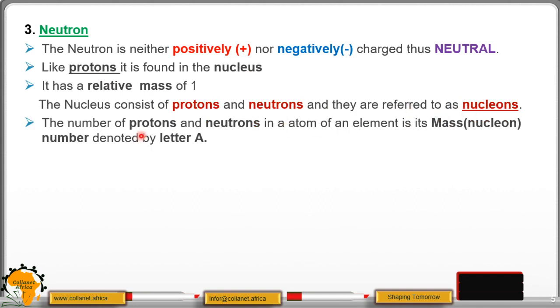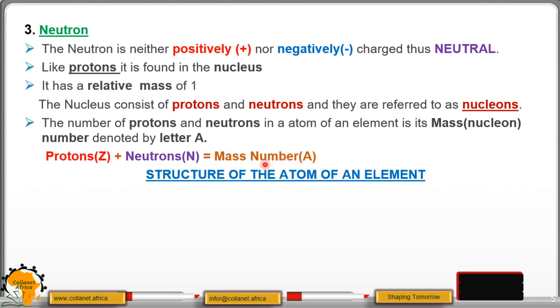The number of protons and neutrons in an atom of an element is referred to as the mass number and also nucleon number. It is denoted by the letter A. That is, protons plus neutrons, you get the mass number or the nucleon number of that atom.